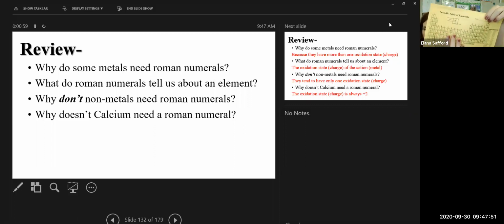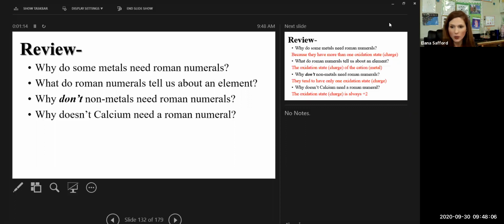And we just told you, don't worry about these, we'll get to them later. Well, we learned last time that these are troublemakers, the B group. They need Roman numerals because they can bond in unpredictable ways. They can have more than one oxidation state, they can have several. So the Roman numeral will tell us what that atom has done in that particular bond.